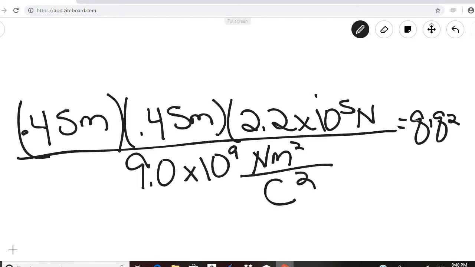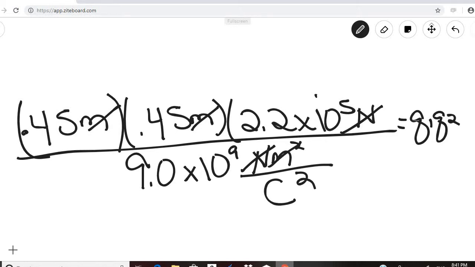Now our meters will cancel, our newtons will cancel. When you divide by a fraction, it's multiplying by the reciprocal, so we would be left with Coulomb squared.